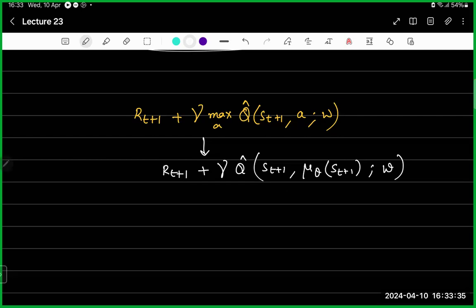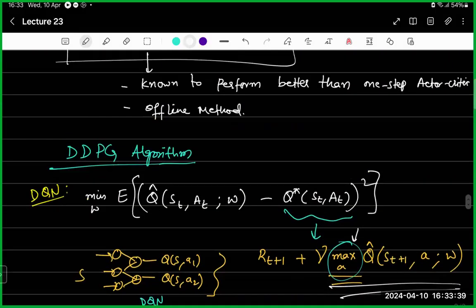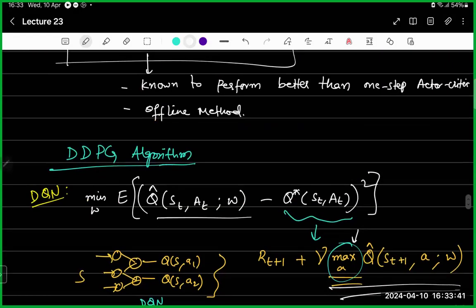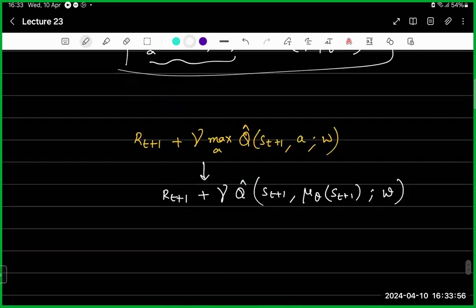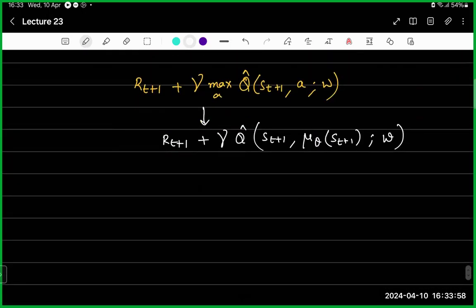What was W? W are the weights of the Q hat. That's what we started with, right? So we have two neural networks. One neural network is the Q function, which has the weight W. And we introduce one more neural network for the mu, which is like a policy, right?